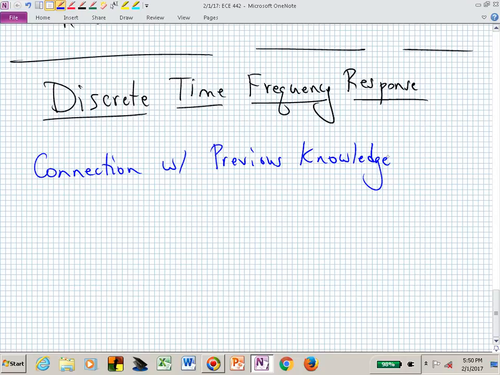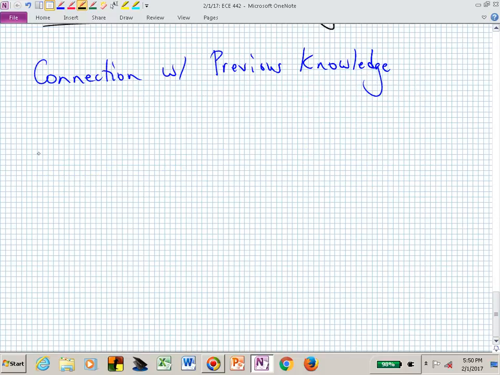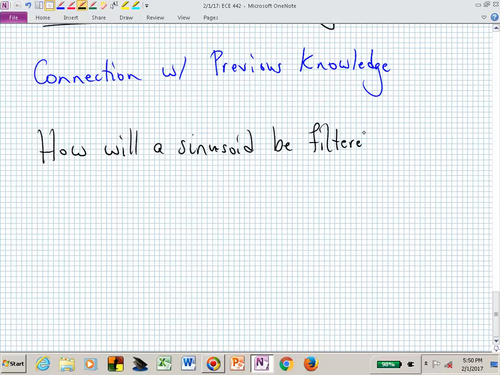And hopefully, if it's not clear, it will become clear as we start working through this discussion. Or to make this more tangible, let's look at how a sinusoid will be filtered by a low-pass filter. That's our example to help illustrate this concept of frequency response.